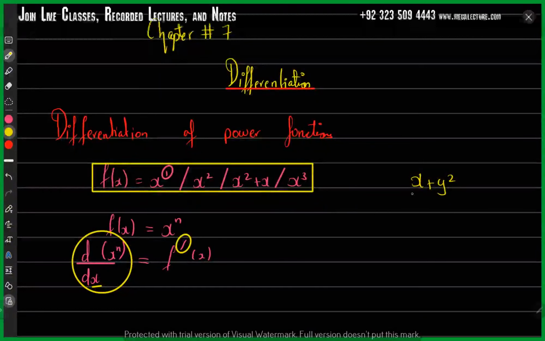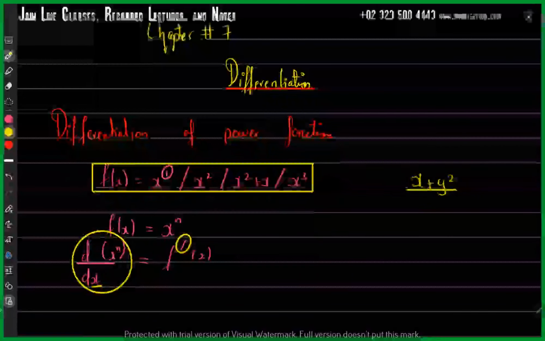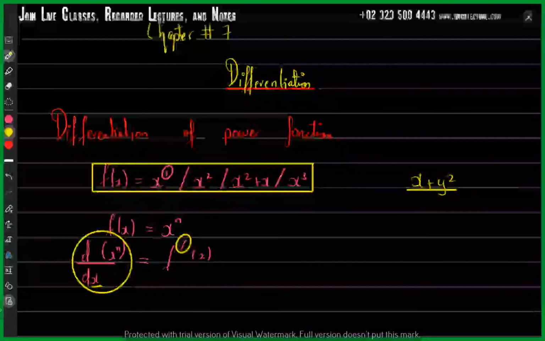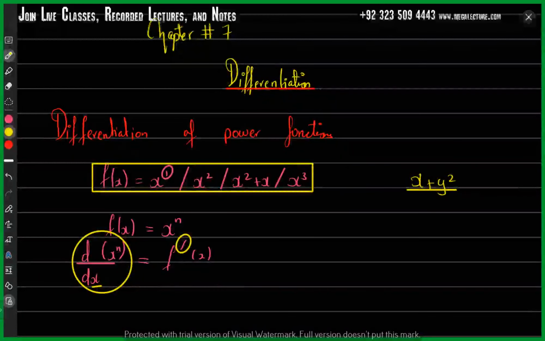So at that time, you will understand that we need to be very, very specific about the variable with respect to which we are differentiating. Okay. So in AS, we would be talking about one variable only. That could be x, that could be t, it could be z. It would depend upon the examiner, whatever variable we have. And this is how it is.